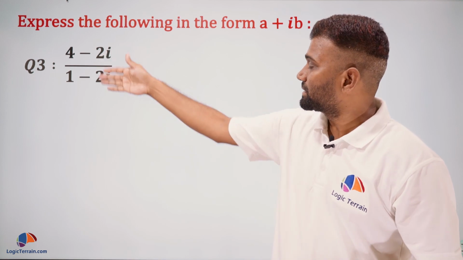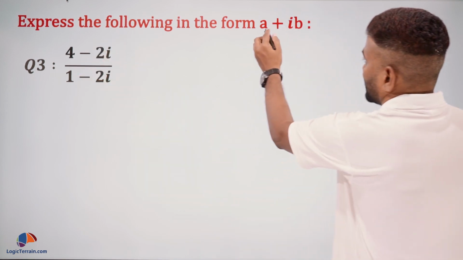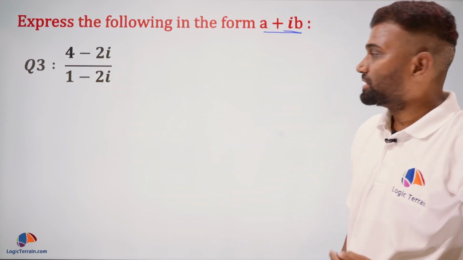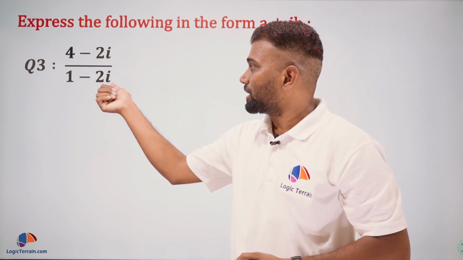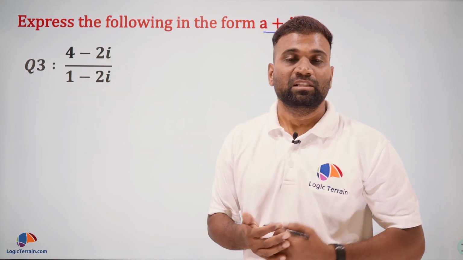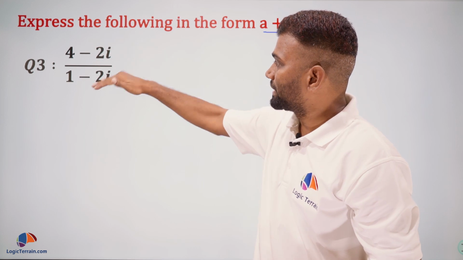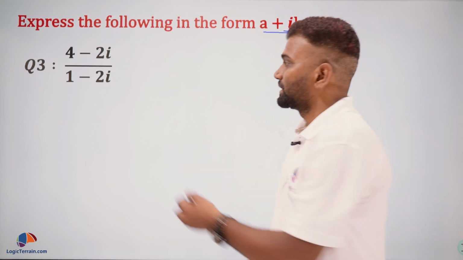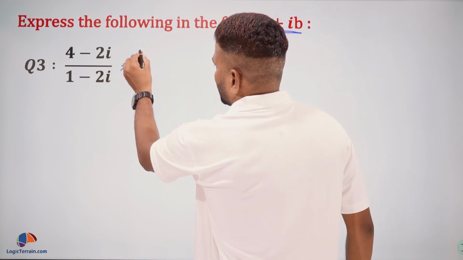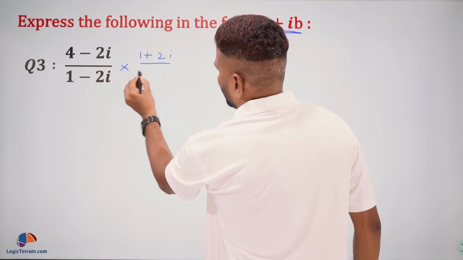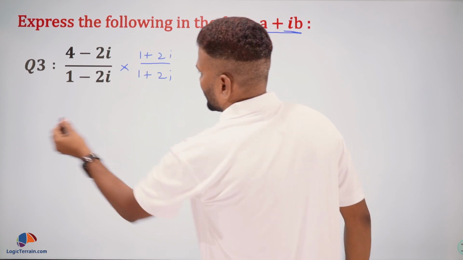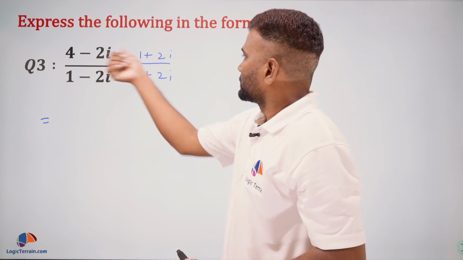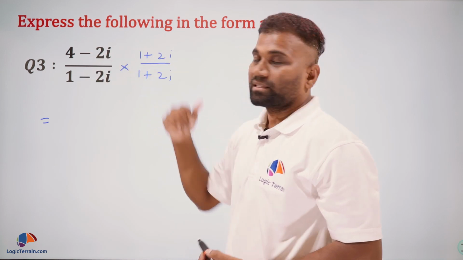We have to express this expression in the form a plus ib. So for that we have to rationalize the denominator with 1 plus 2i. For that we have to multiply both numerator and denominator with 1 plus 2i. So we will multiply, that is (1 plus 2i) upon (1 plus 2i). So on multiplying, we will multiply both numerator terms.